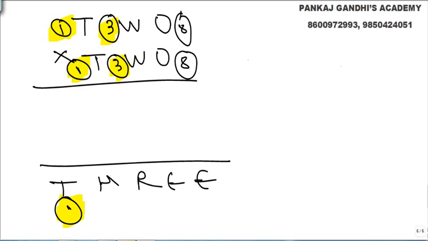Quick cross check here. 8 into 8 is 64, carry 6. 8 3s are 24 and 6 we get 30, carry 3. 8 1s are 8 and 3, 11.